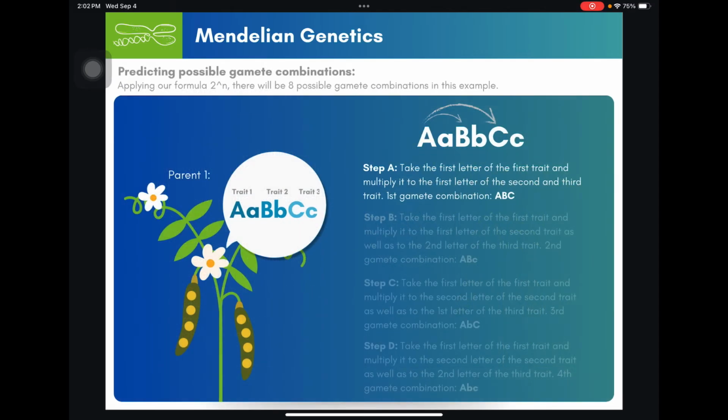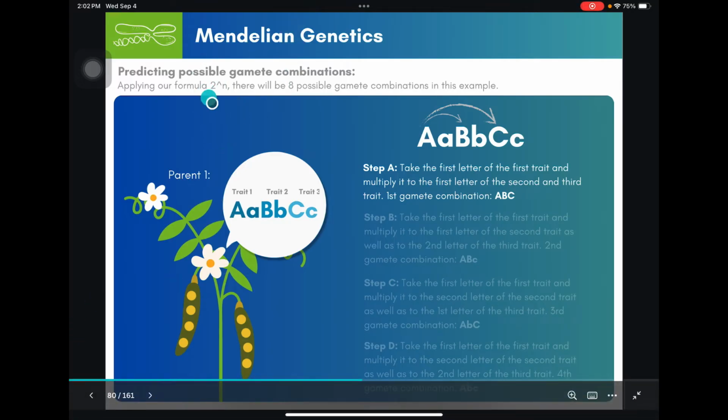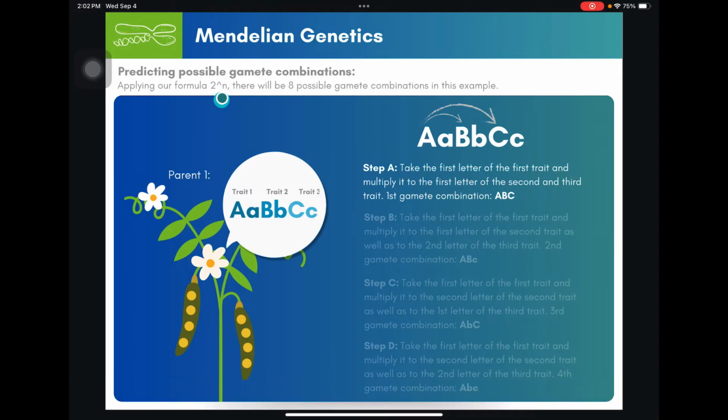But before we jump into creating our Punnett square, it's important for us to predict the possible gamete combinations. Applying our formula, 2 raised to n, wherein n here is the number of heterozygotes, and since there are 3 heterozygotes in this example, 2 raised to 3 is equal to 8. So meaning to say, we need to predict at least 8 possible gamete combinations for this problem in order for us to set up our Punnett square.